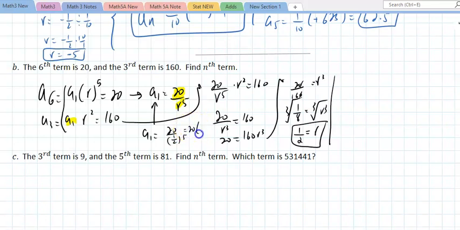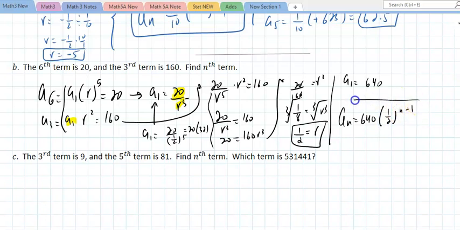That is 20 times 2 to the fifth. Now 2 to the fifth power: 2, 4, 8, 16, 32. So a sub 1 is 640. So the general term is 640 times r raised to the n minus 1.